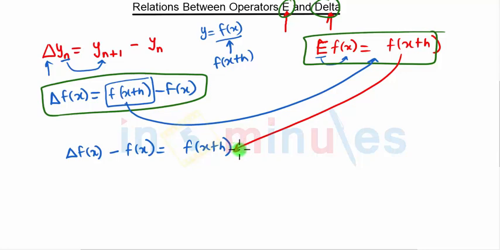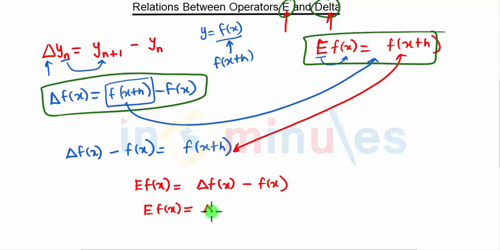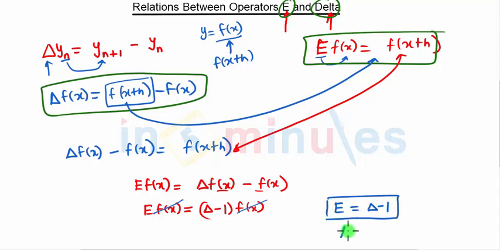When we equate this f of x plus h and this f of x plus h, we will get E of f of x equal to delta of f of x minus f of x. So E of f of x is nothing but delta minus 1, I am taking f of x common. Now we can cancel this f of x and f of x. We will get E equal to delta minus 1, or we can write delta equal to E plus 1.